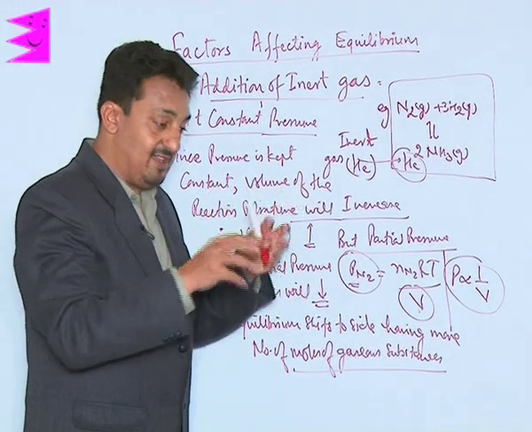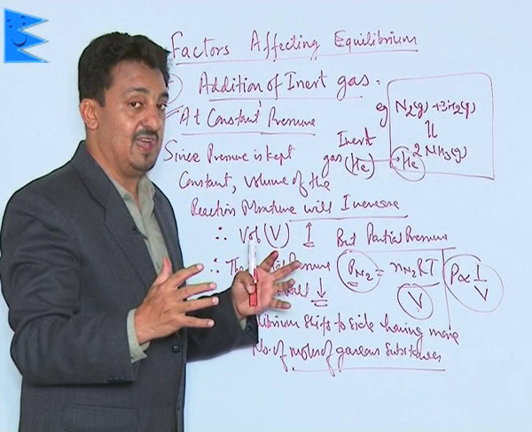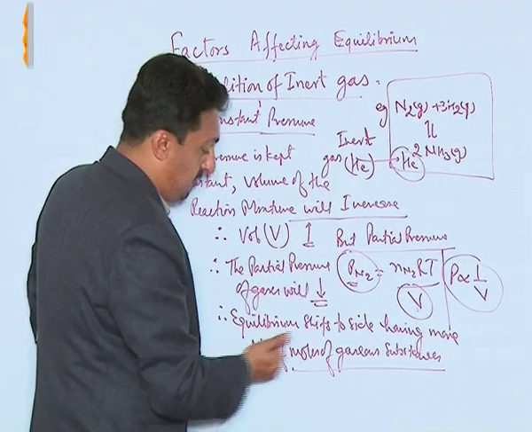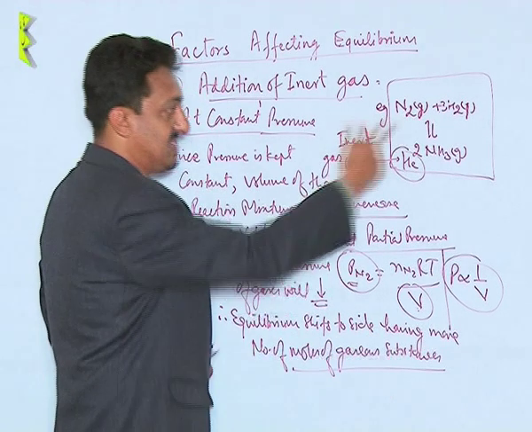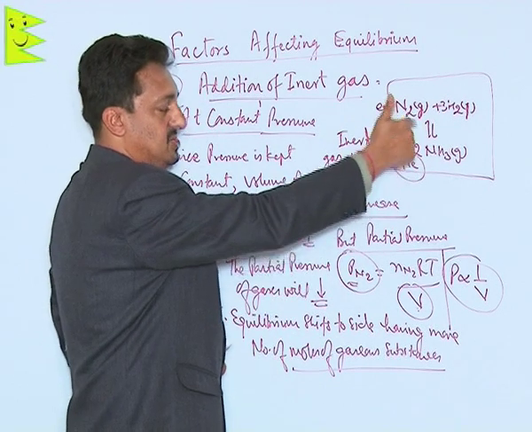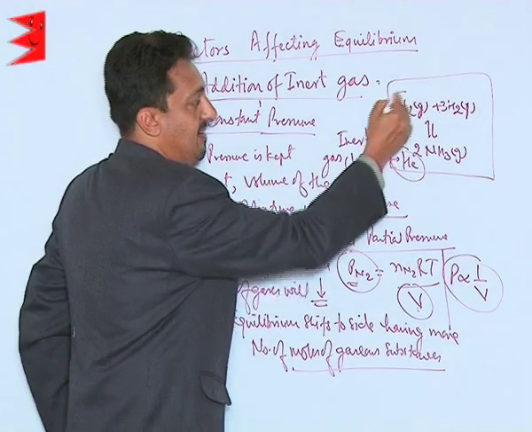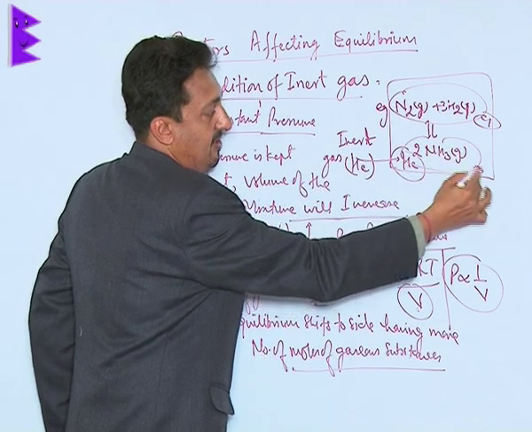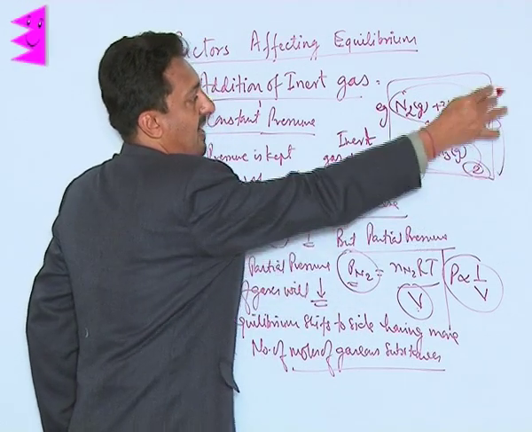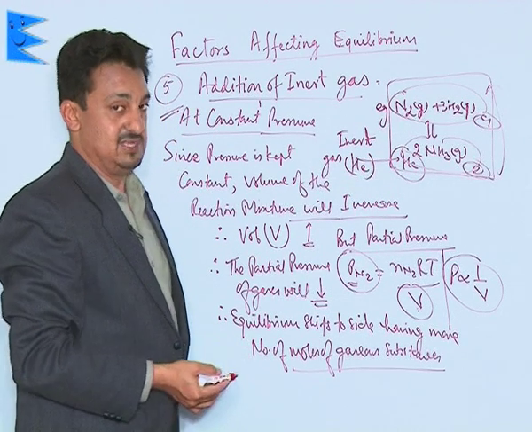Since volume is increasing, the system will favor the side which contains more moles of gaseous substances. So in this reaction, if we introduce helium at constant pressure, since the reactant side contains 4 moles and the product side contains only 2 moles, the reaction will move back. So we can't add any inert gas into this system.